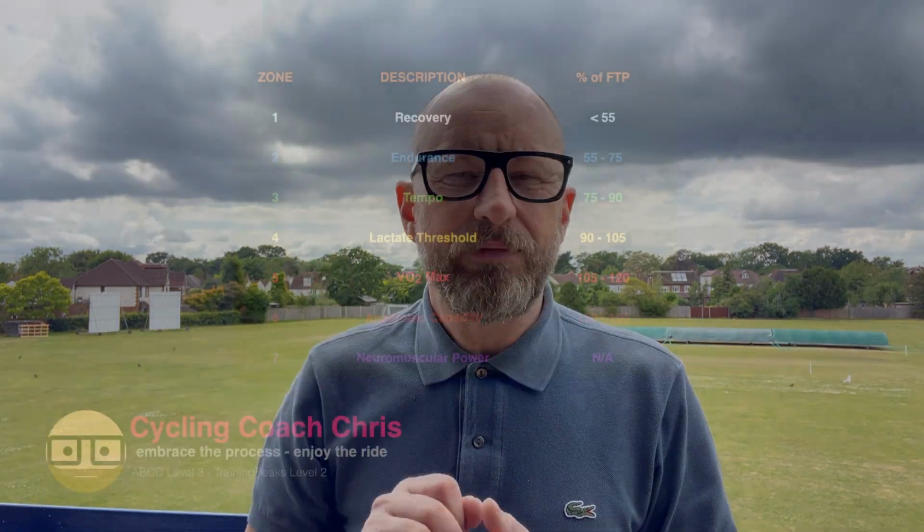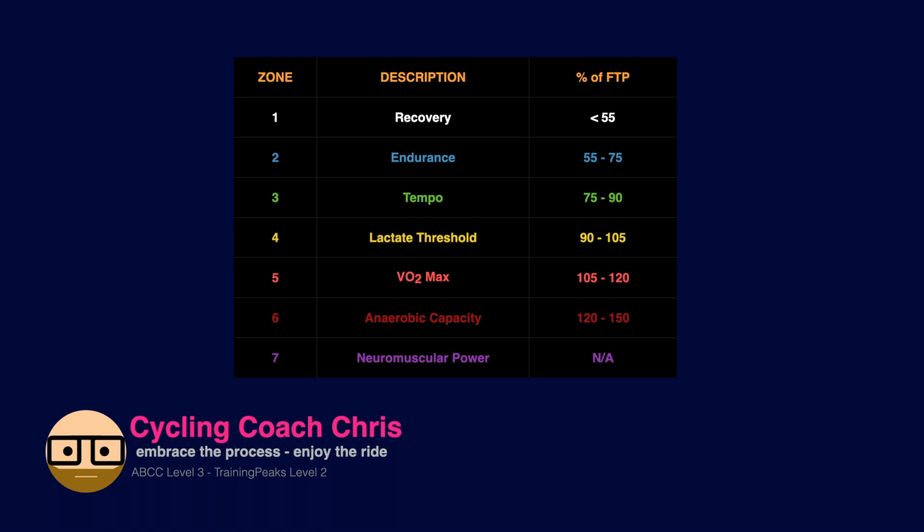So before I go any further, here's a quick reminder of those widely used 7 zones devised by Dr. Andrew Coggan and how they fit within a 3-zone model. So here you have again the 7 Coggan training zones based on power, and we arrive at these as a percentage of FTP. So we've got Zone 1, which is 55% or less of FTP. Zone 2, endurance, 55 to 75%.